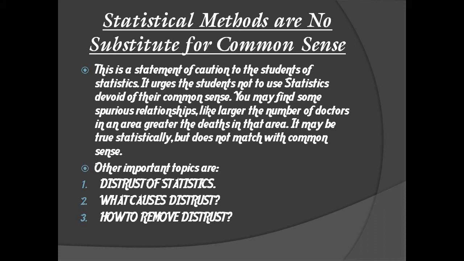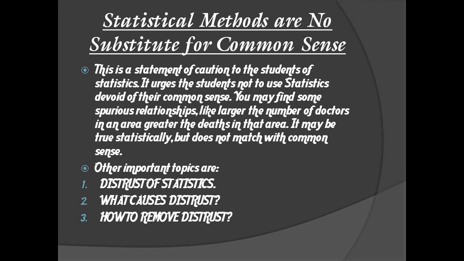Second, statistics can be altered to match the predetermined conclusions. Third, authentic statistics can also be presented in such a manner as to confuse the reader. Fourth, when statistics are collected in a partial manner, the results are generally wrong. Frequently, people lose faith in them.